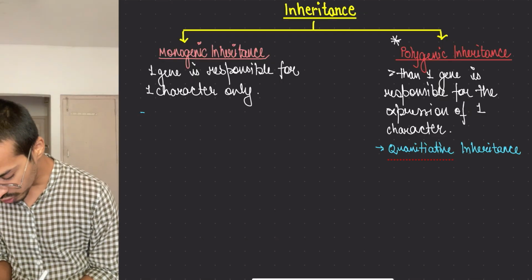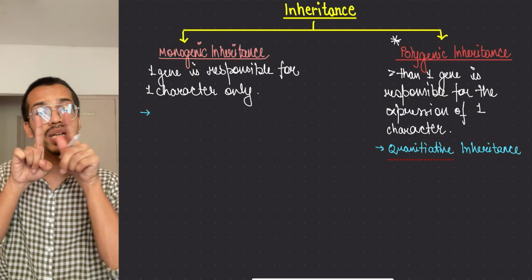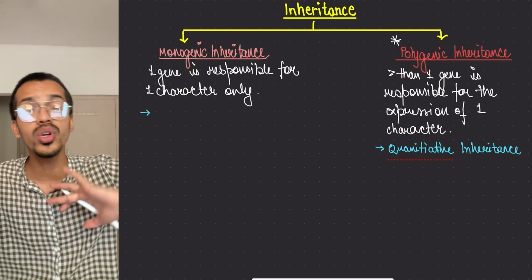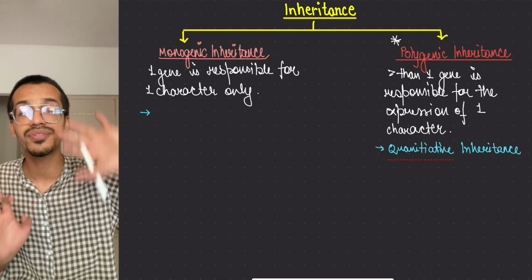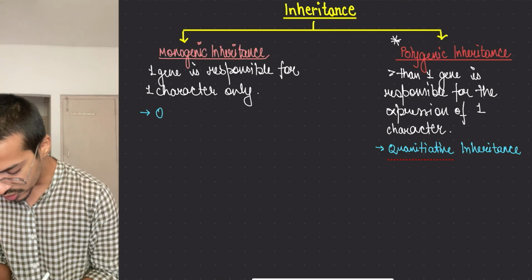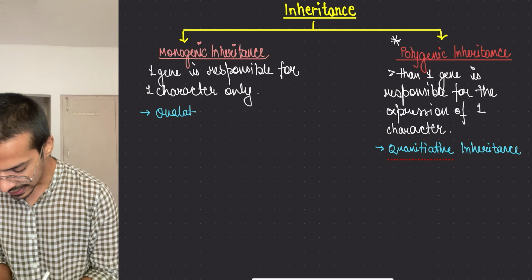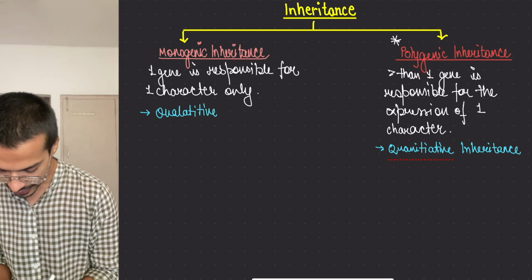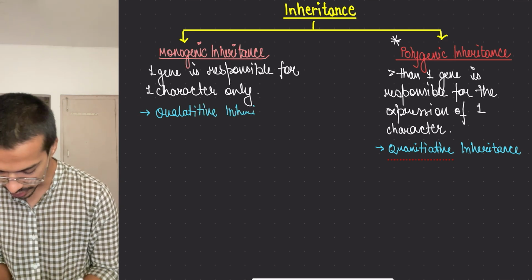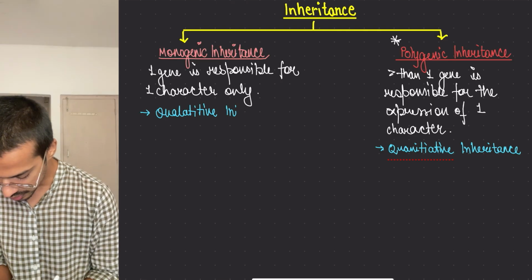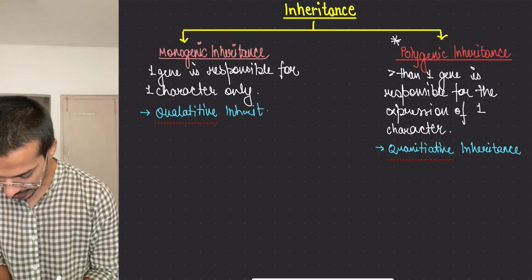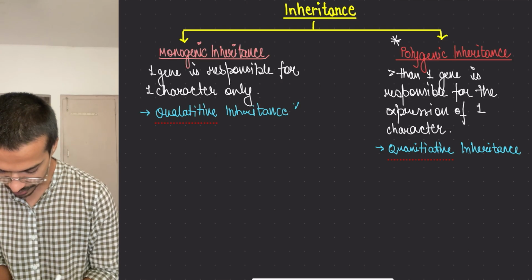So this is quality. Single also, double also, quality remains the same. It won't change or intensify the expression. So monogenic inheritance is qualitative inheritance. Very important for you, beta. Just remember this: qualitative inheritance.